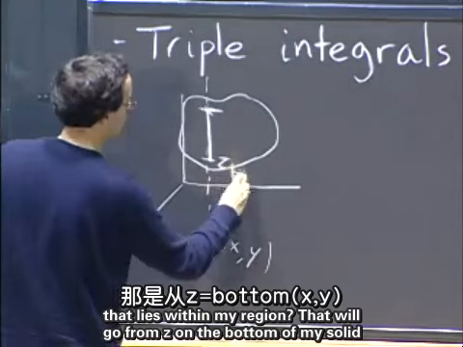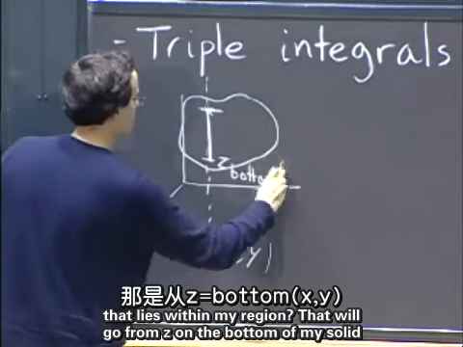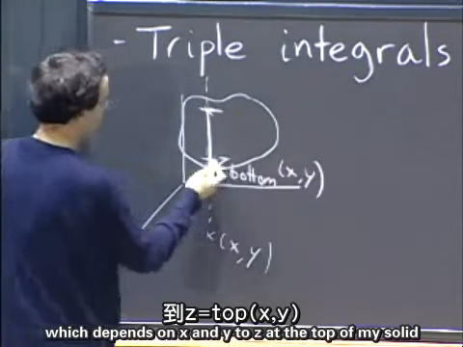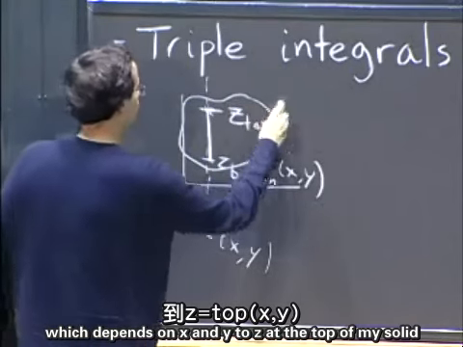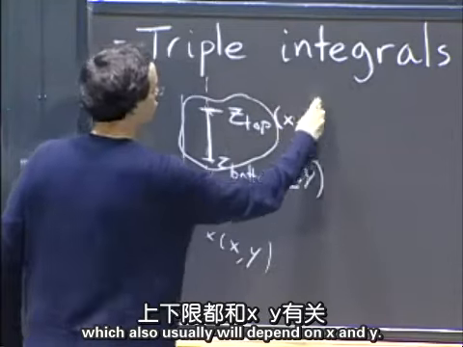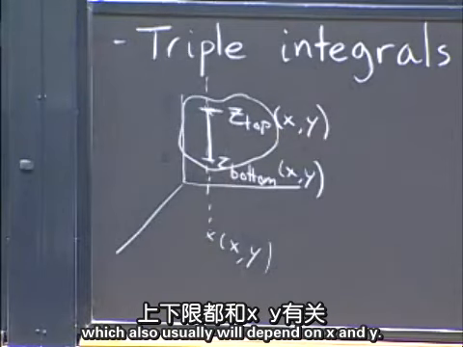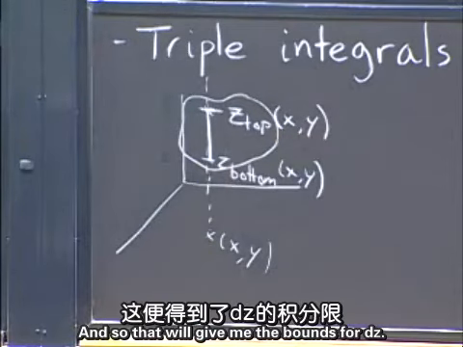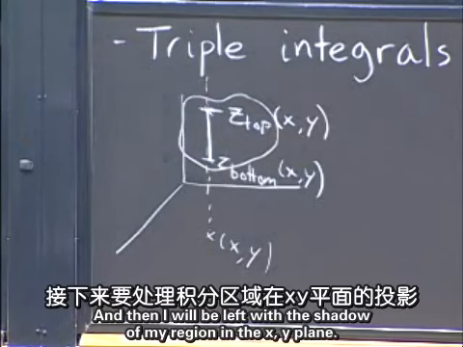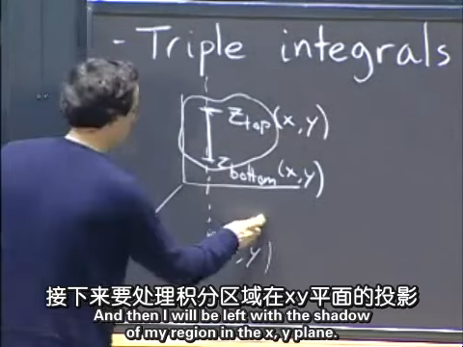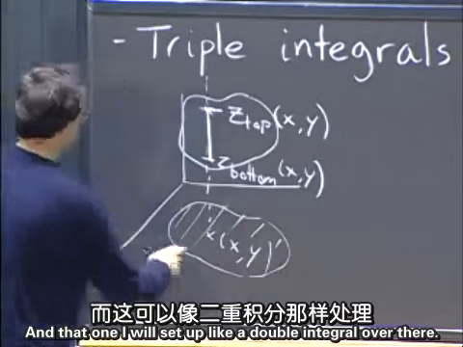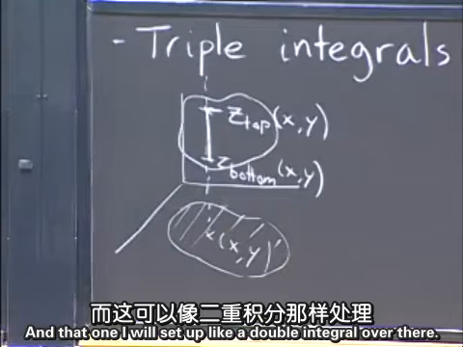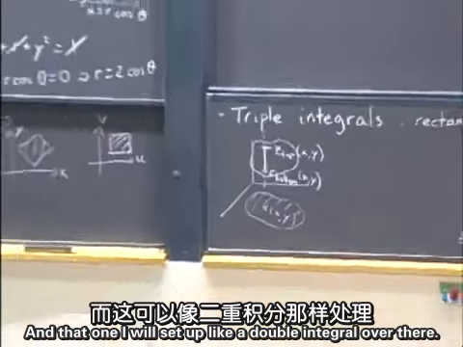That will go from z on the bottom of my solid, which depends on x and y, to z at the top of my solid, which also usually will depend on x and y. And so that will give me the bounds for dz, and then I will be left with the shadow of my region in the xy plane, and that one I will set up like a double integral over there. Okay?